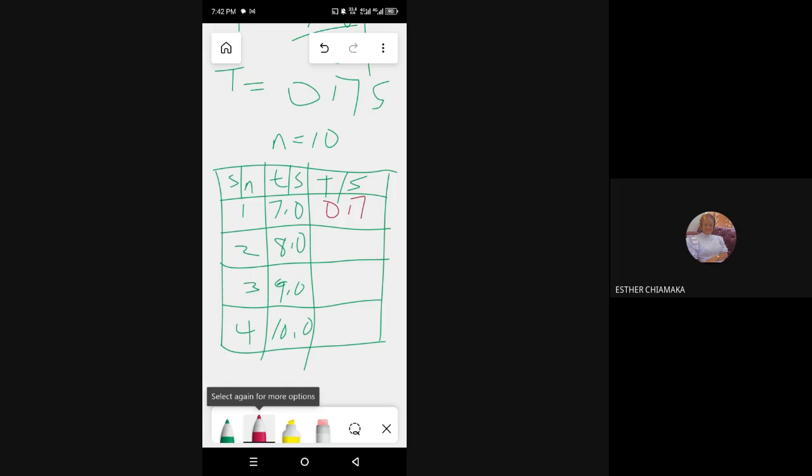Is it 0.7 or 0.70? Yeah, 0.70 because it's in two significant figures. Yes, it's 0.70.